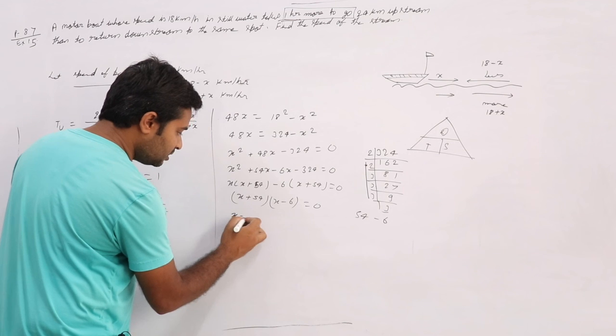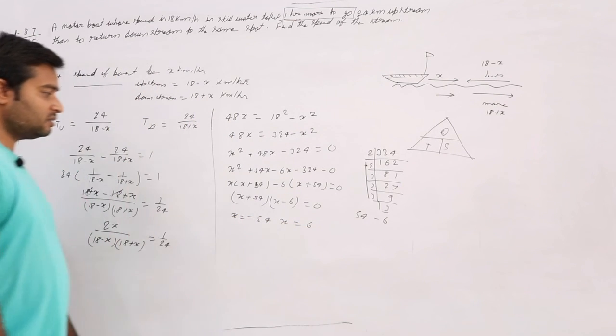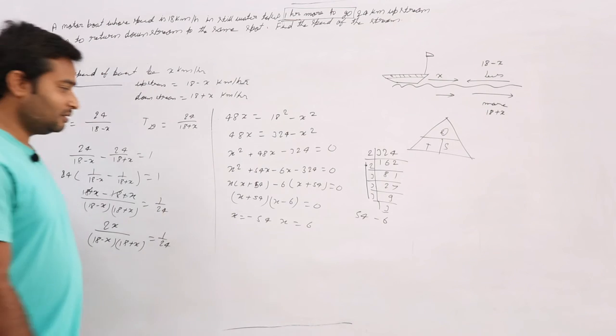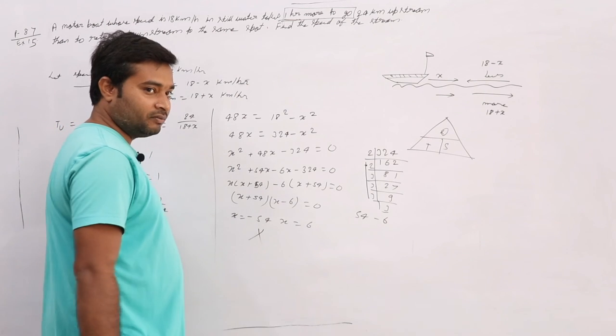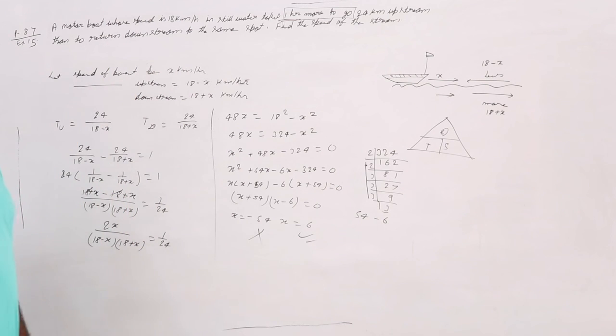Means x is equal to minus 54 and x is equal to 6. So which answer will it be, minus or plus? Arey, how minus? How can a speed be negative? So the answer is 6. Understood? Copy it.